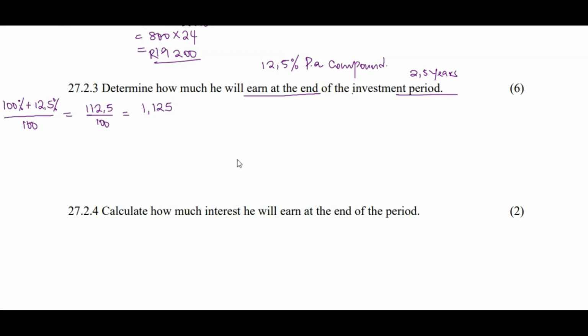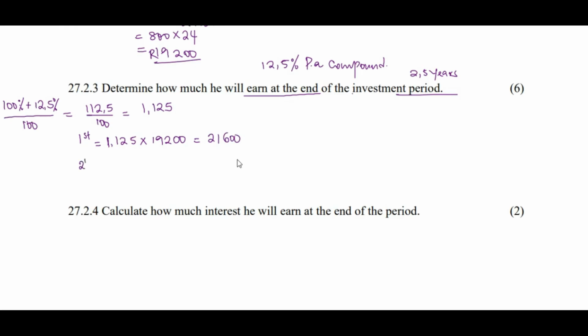So now we're going to do it in steps. They are 2 years fully, so 2 full years. The first year, we need to look for the money. So what shall we do? We shall take this number that we've got here, 1.125 times the money the person is going to invest. So 1.125 times 19,200. At the end of the first year, he will have got 21,600.